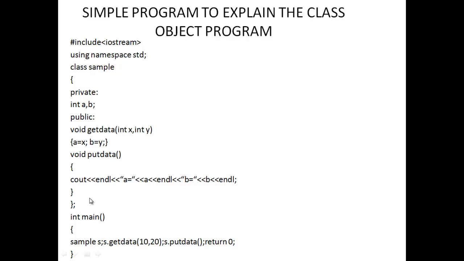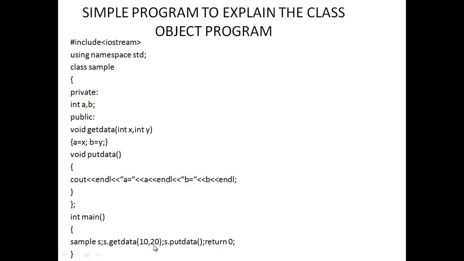Here you see the end of the class, and then I write the main function. First we create an object: the name of the class, then a space, then the object name, and a semicolon. Then we put some values, which means message passing is done. How is this done? First I use the name of the object, then the dot operator, then the get data function, and then put some values.